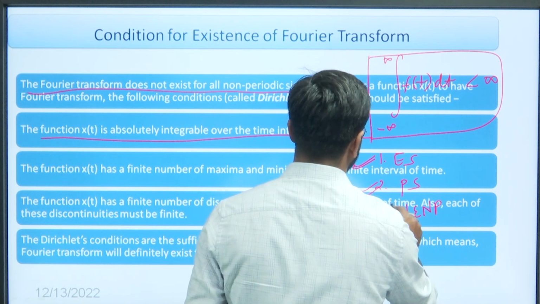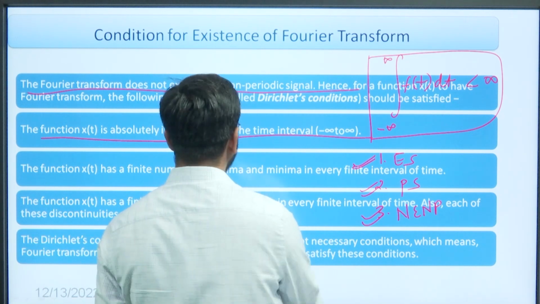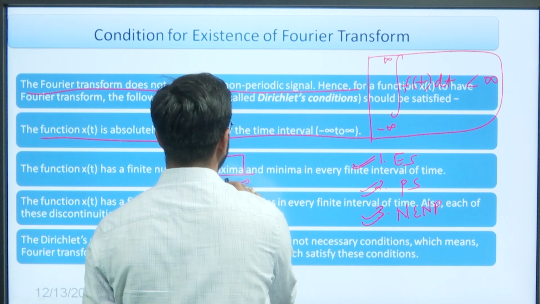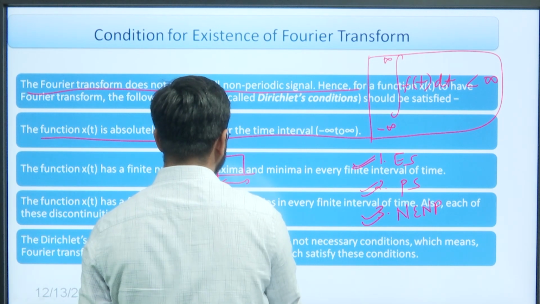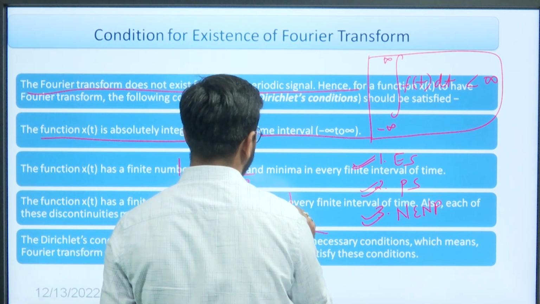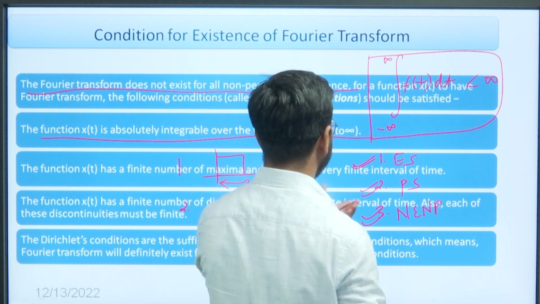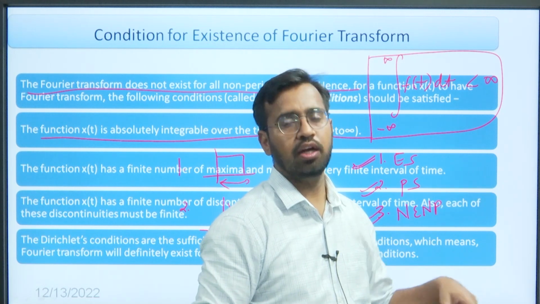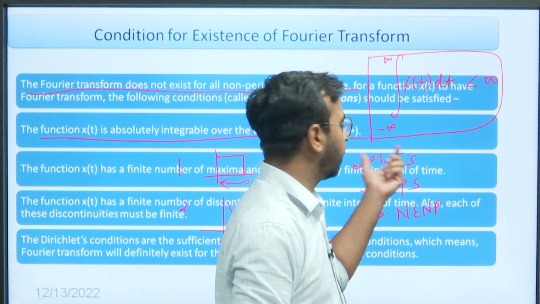Any signal having finite duration, or any signal having decreasing amplitude. I have told you a shortcut through which we can determine which is the energy signal, which is the power signal, and which is neither energy nor power.